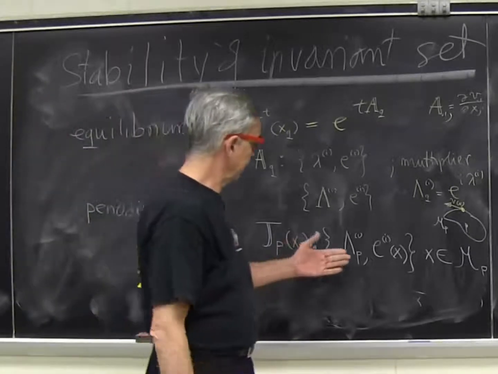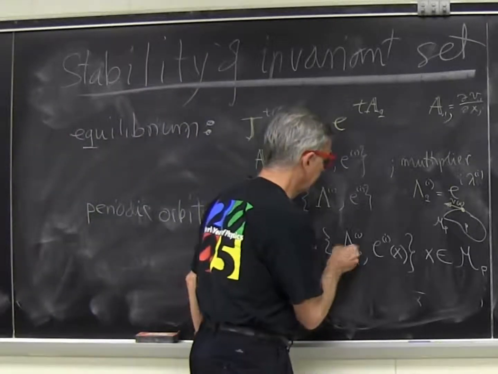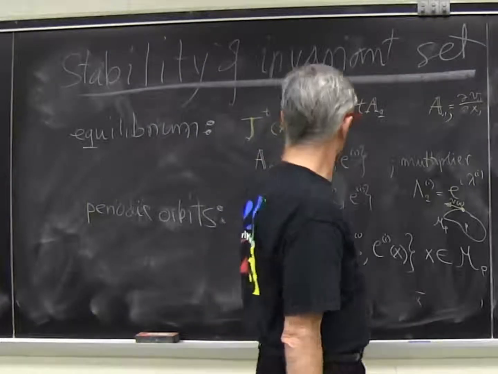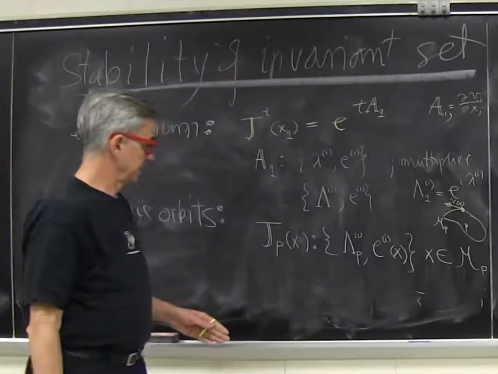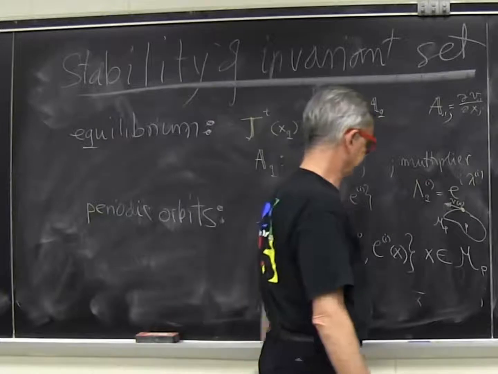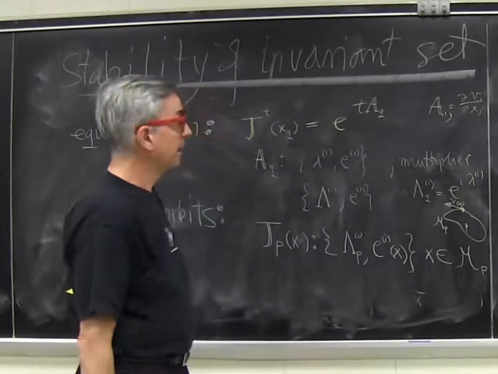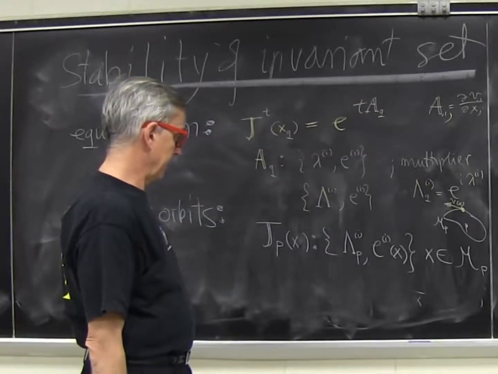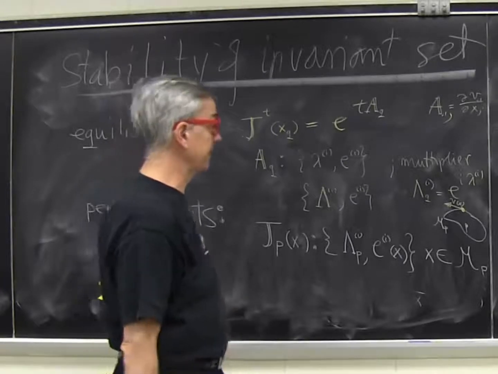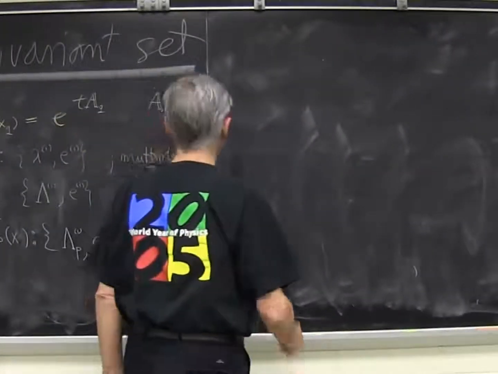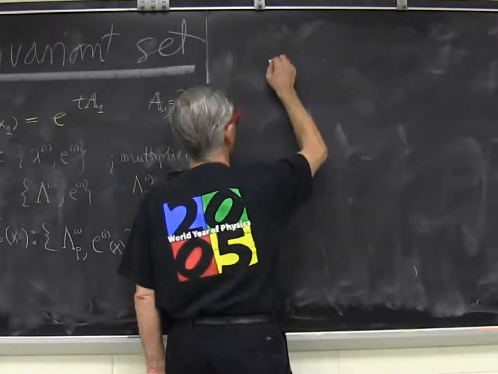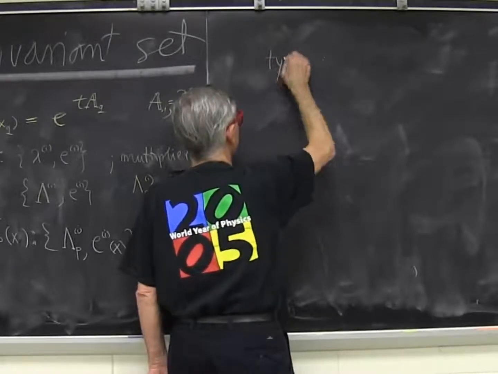Now the general thing you can say about the multipliers and the exponents is that you can classify them, and it's a useful classification. So, types of stability.